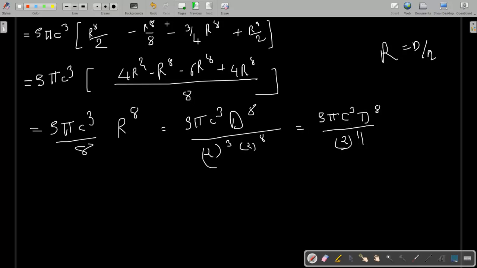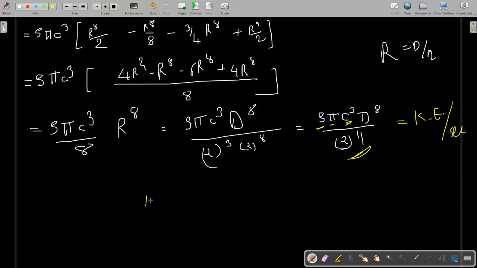Now notice that this is the rate of change of kinetic energy, the required answer per second. Okay, density of water is constant, pi is constant, c is constant, it is given in the question. 2 power 11 is also constant, so the remaining variable is D power 8.